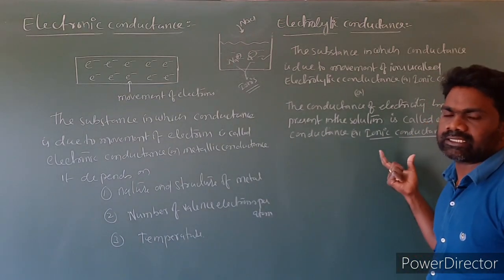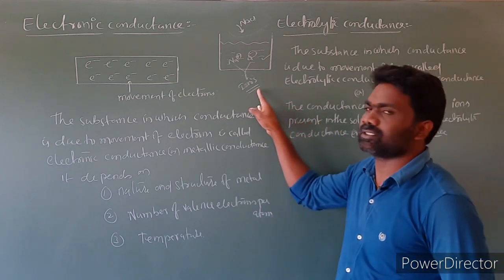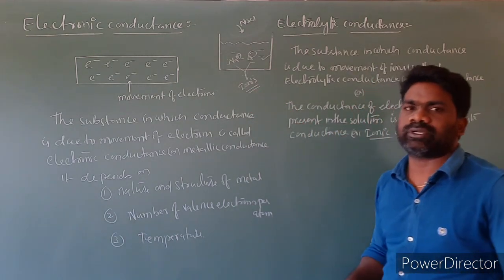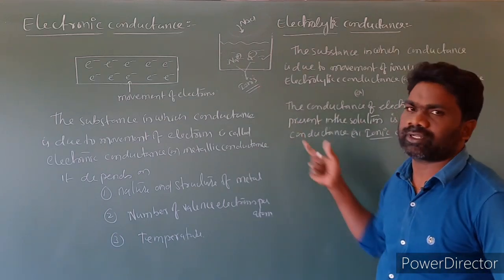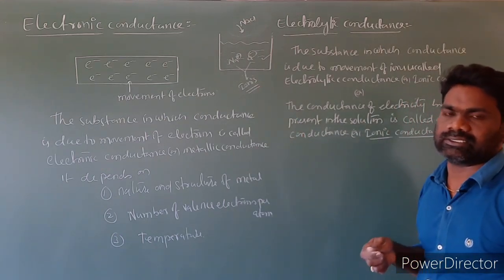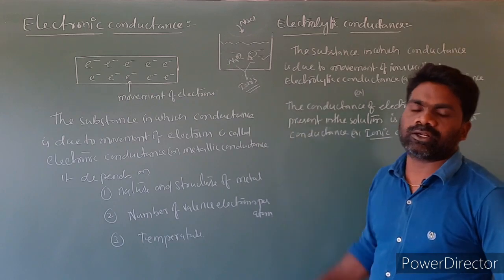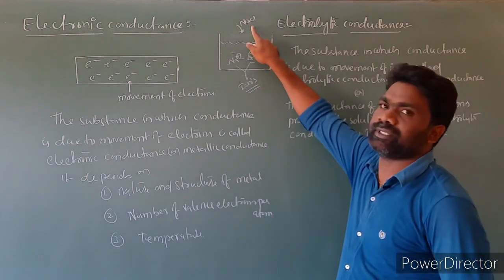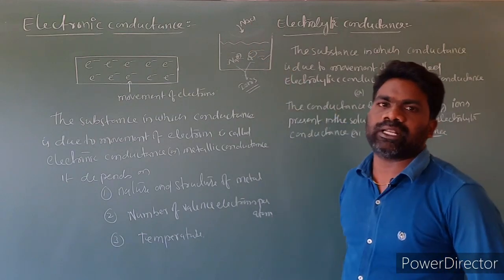Why do we call it ionic conductance? Because the conductance is because of movement of ions present in the solution. The conductivity of an electrolytic solution or ionic solution depends upon factors like, the first one, the nature of the electrolyte added.